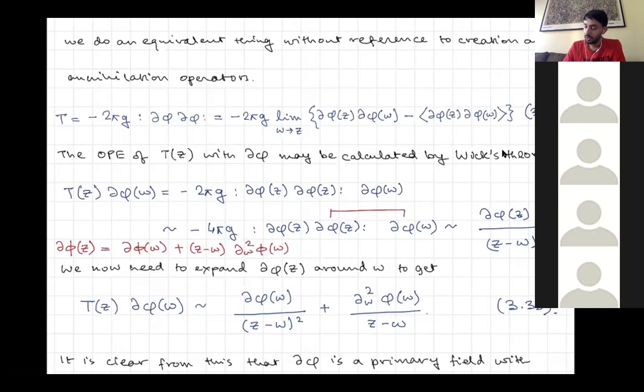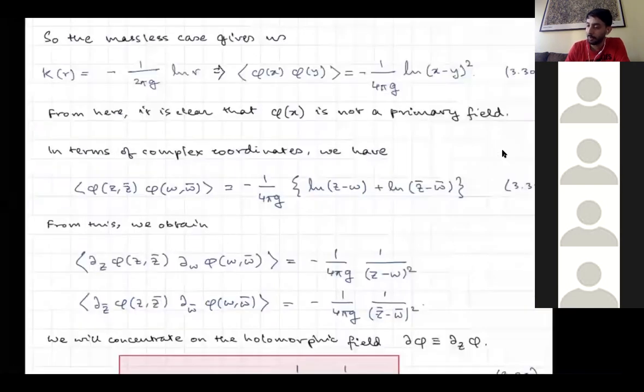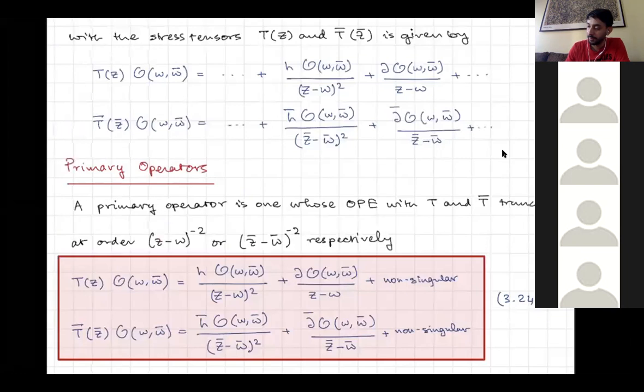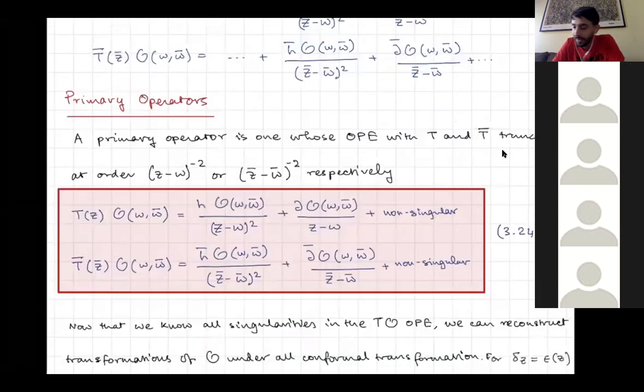The del phi piece goes as 1 over z minus w the whole squared, and the del squared phi piece goes as 1 over z minus w. Now let's keep 3.35 in mind, and go back to the form of primary operators that we had written down earlier. This 3.24 is the form of the primary operators.